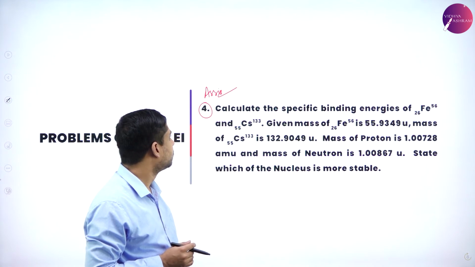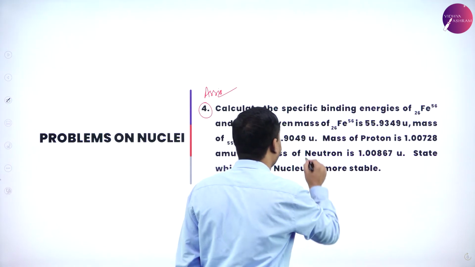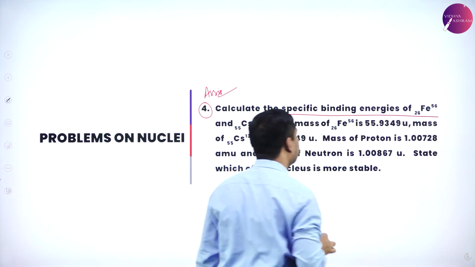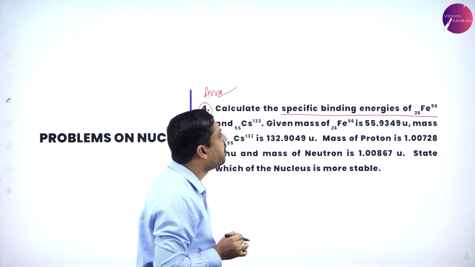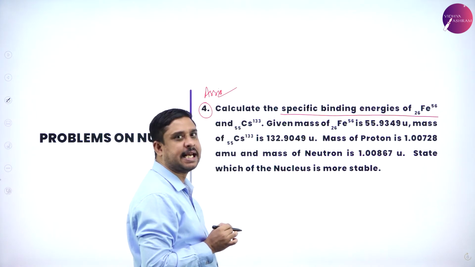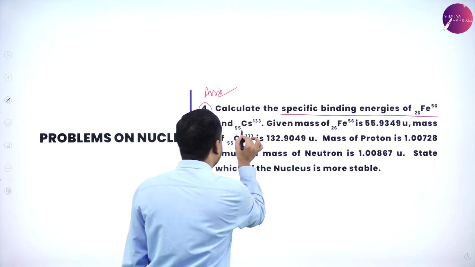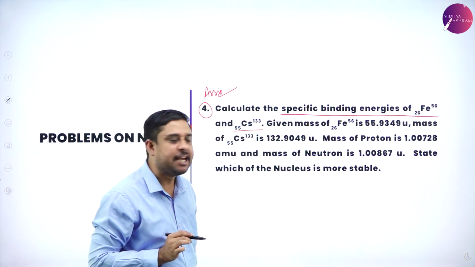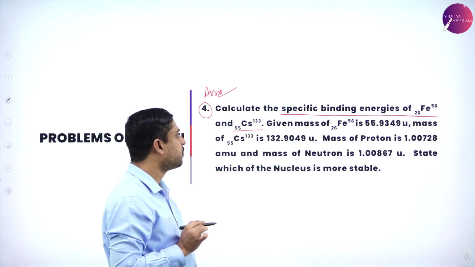Calculate the specific binding energy of ferrous 56, 26 and cesium 133, 55.